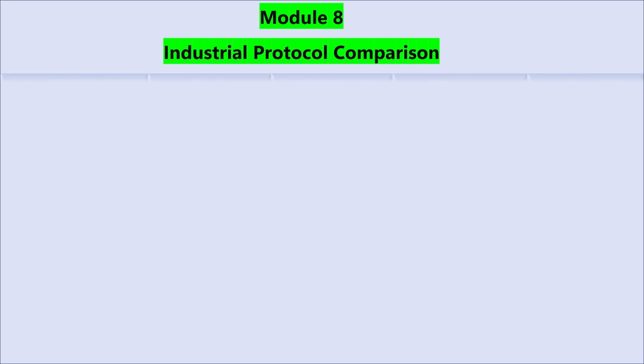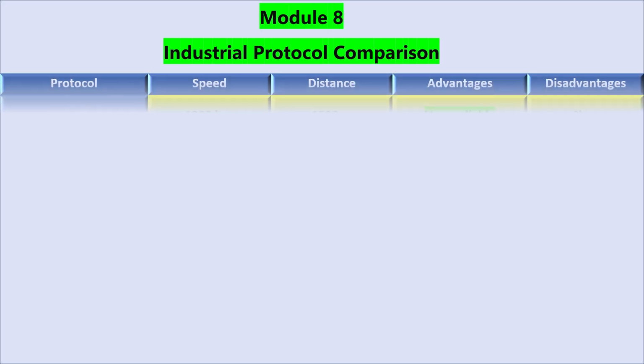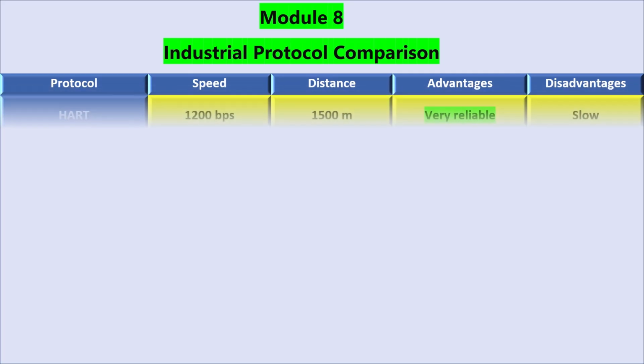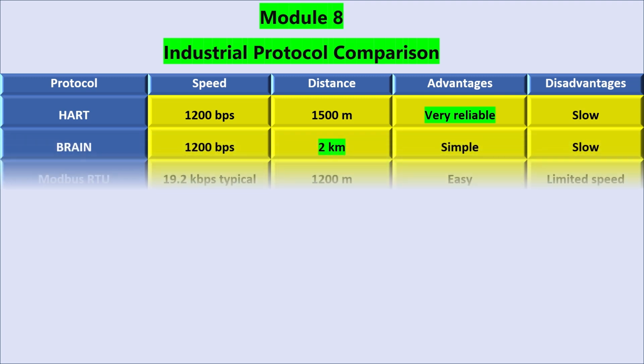Module 8. Industrial Protocol Comparison. If you look at the protocol, then speed, distance, advantages, and disadvantages. HART, speed 1200 bits per second. Distance 1500 meters. Advantages, very reliable. Disadvantages, slow.